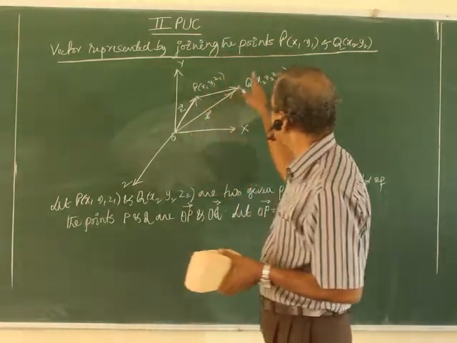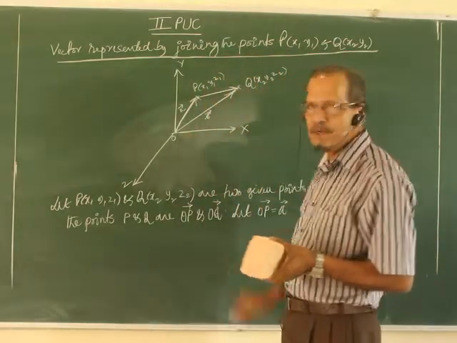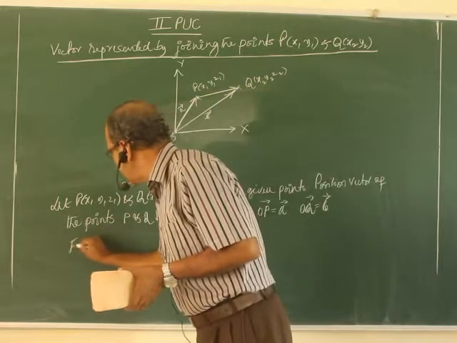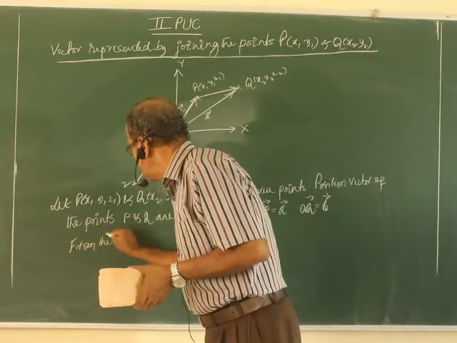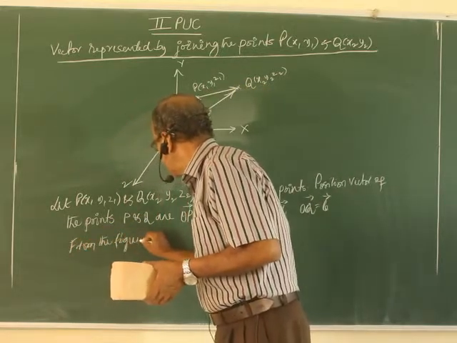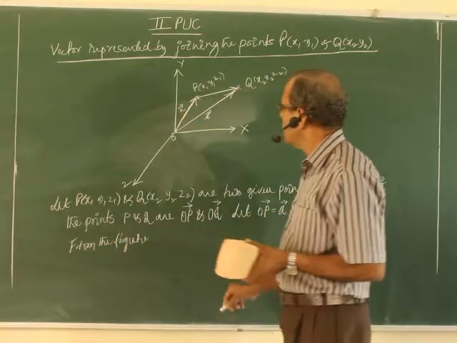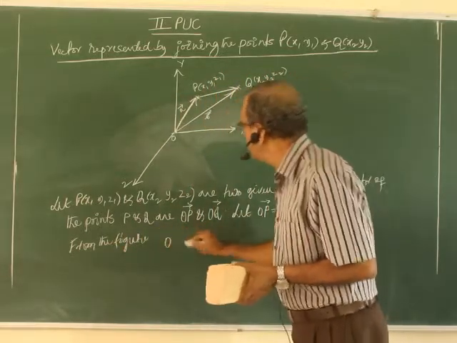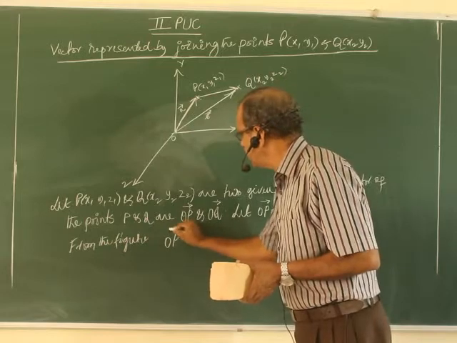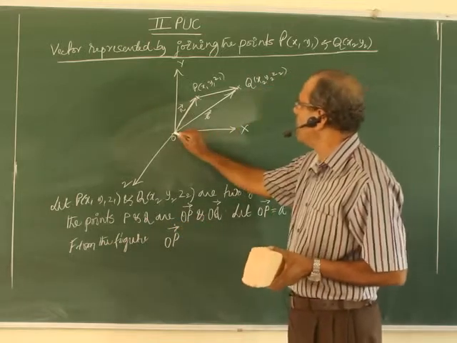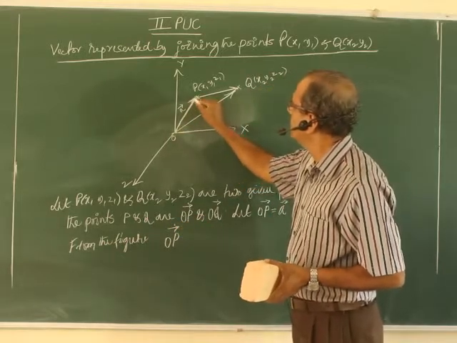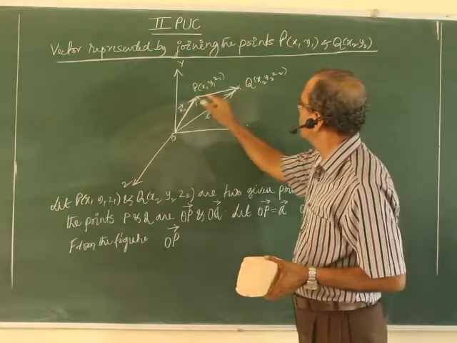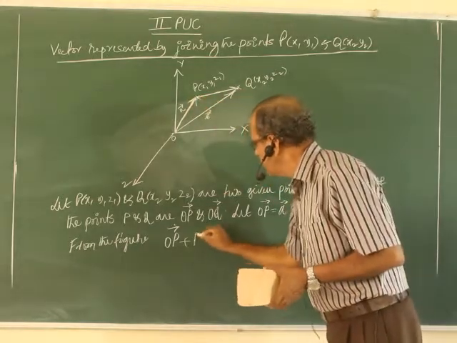Now we can observe the triangle OPQ. From the figure, the end point of vector OP coincides with the initial point of PQ.